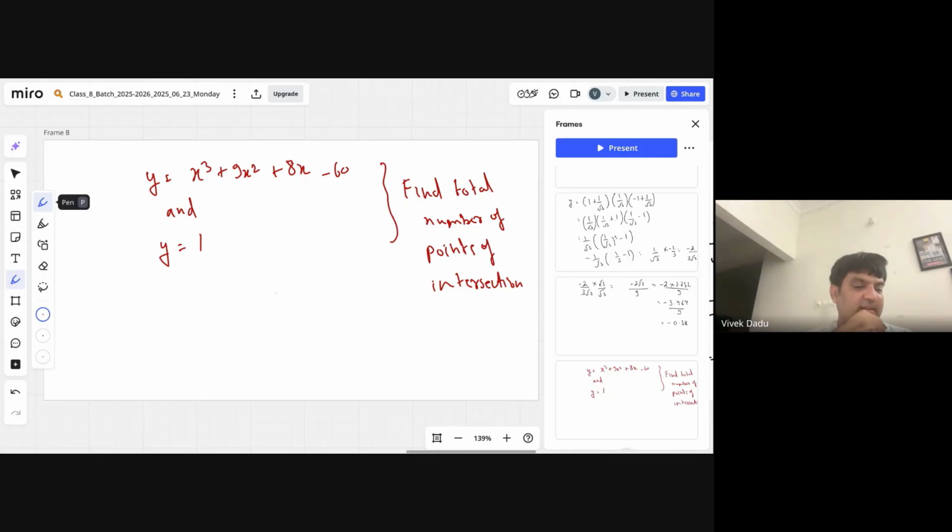This will not be root 38 by 3. Root 38 is not root 38.